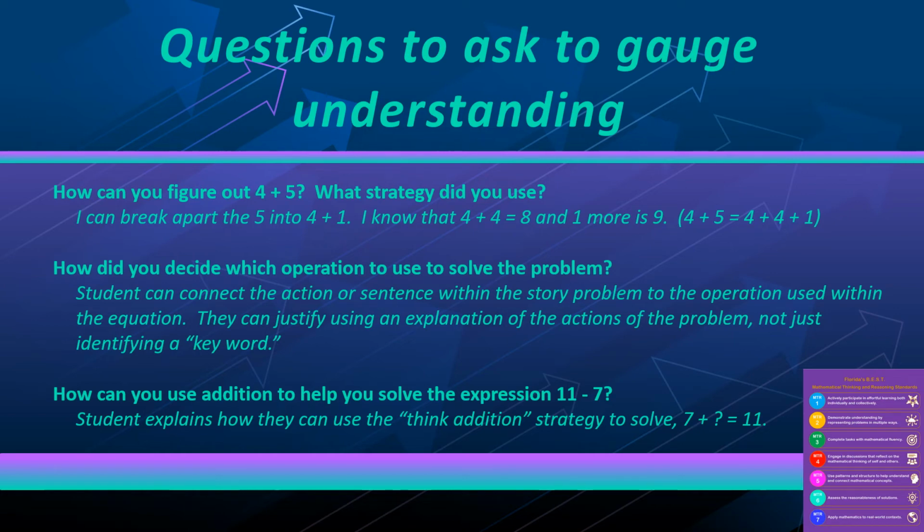I would hope that the student could explain that they could use think addition or counting up to solve, like thinking, 7 plus something equals 11. So depending on the student explanations, these could all demonstrate MTRs 4, 5, and 6. You can see additional problems to ask of students on our mathsmarts.com website as well.